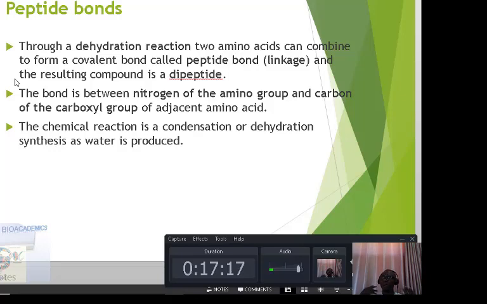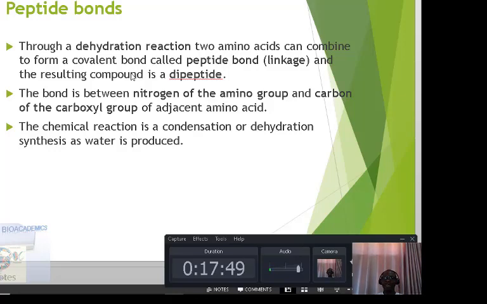I'm sure you remember ionic bonds, hydrogen bonds, and so on and so forth. So the bond that holds these amino acids together, for them to join up and form a bigger molecule we are referring to as a protein, is what we refer to as a peptide bond or a peptide linkage.